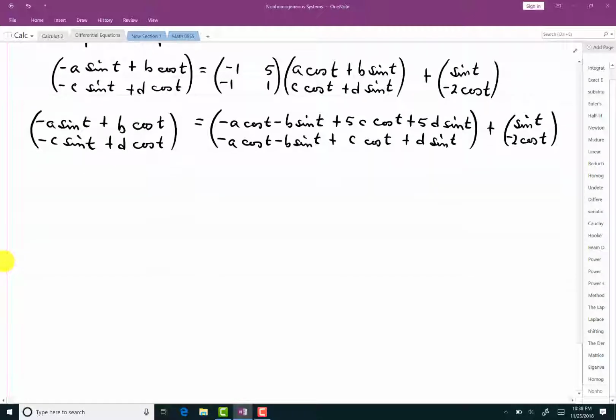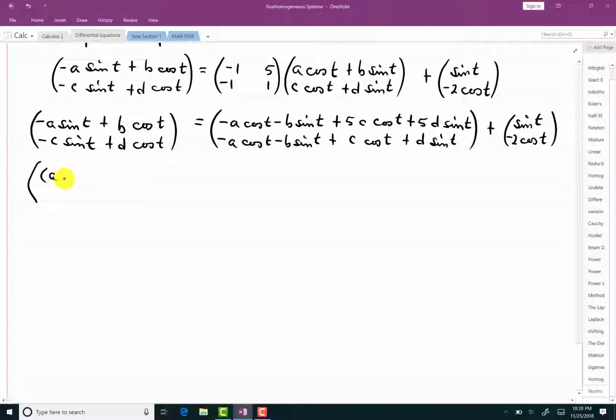Now what I'm going to do is leave this vector over here, but I'm going to take everything to the left-hand side. So gather everything together in terms of sine and cosine. Let's see what we have here. I'm going to gather my cosines first. So when I add all of this stuff to the left side, this negative a will become a positive a.